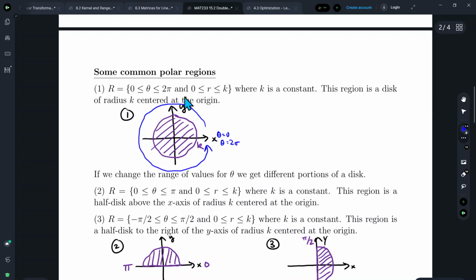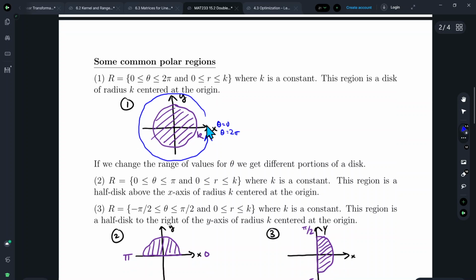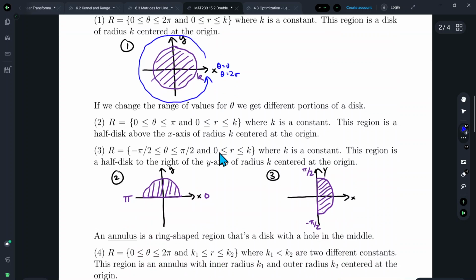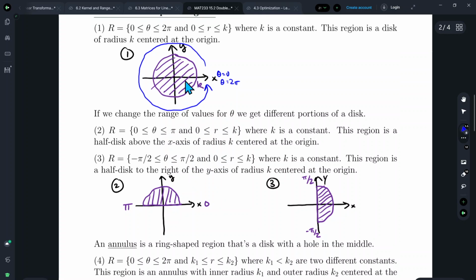And then the radius extends from the origin up to k, so that's why r goes between 0 and k.